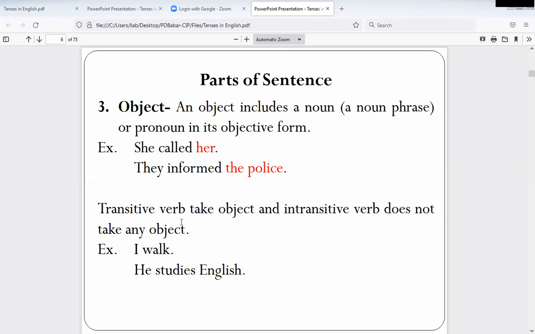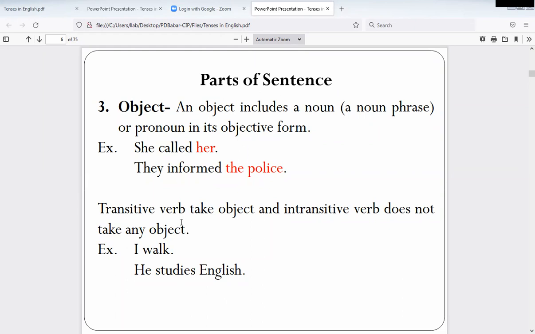During the ATT lectures, I taught you the first topic of this grammar, that is parts of speech, and we can see there are two types of verb: transitive verb and intransitive verb.